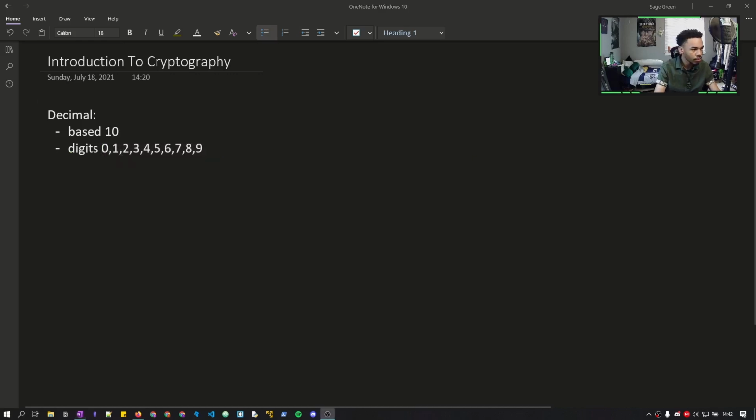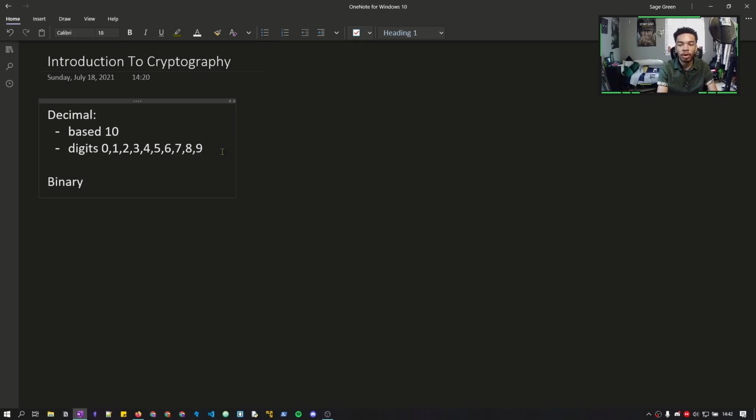Now, we also need to understand that there are other numeric systems, okay? There's octal, which is base 8. There's hex, which is base 16. And there's binary. Binary is the one we're focusing on in this course, but the other numeric systems are also going to be very important to know, so I definitely suggest you dive into those topics. But binary, I'm sure you may be moderately familiar, is base 2, all right?